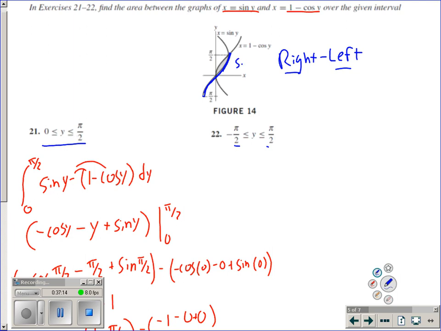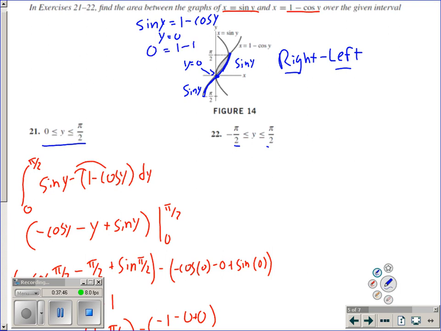is the sine of y always my right function? No. It soon transitions into my left function once it reaches a certain y value. And that y value ends up being right here at the intersection of y equals 0. That's because if I were to set sine of y equal to 1 minus cosine of y, it's at y equals 0 that makes those equal.